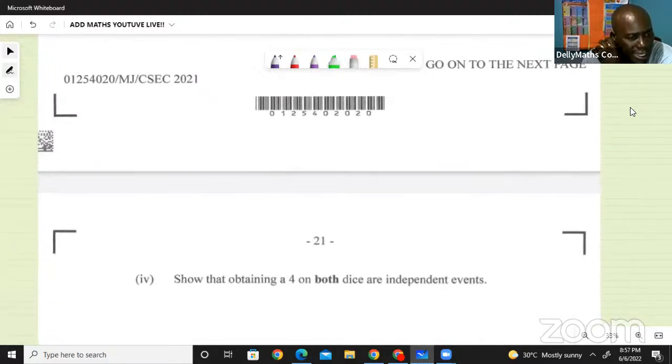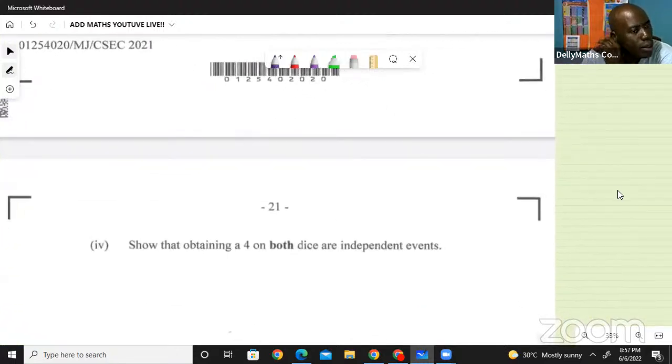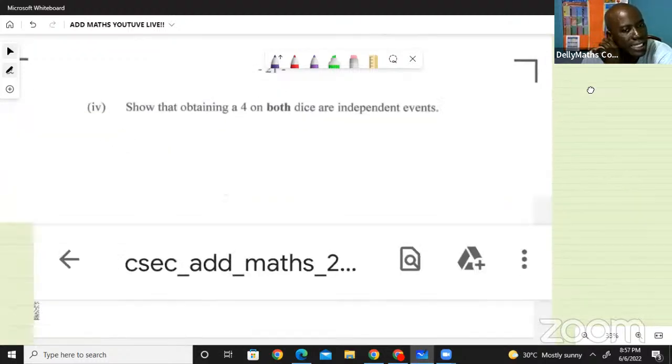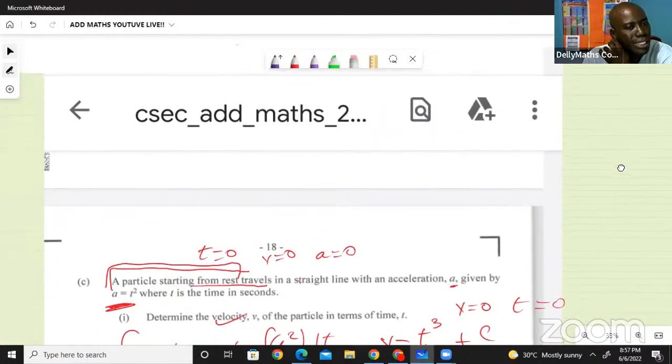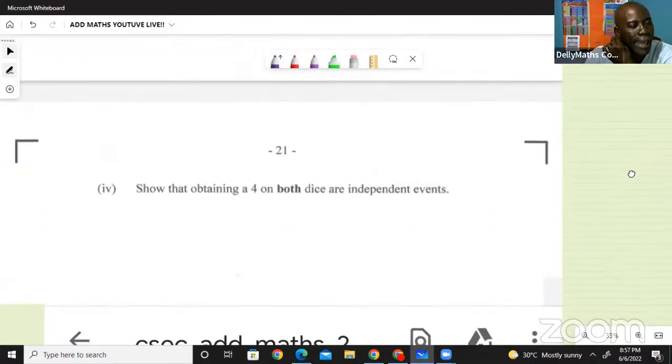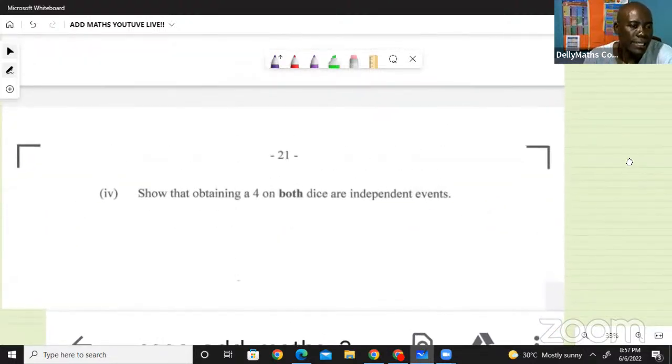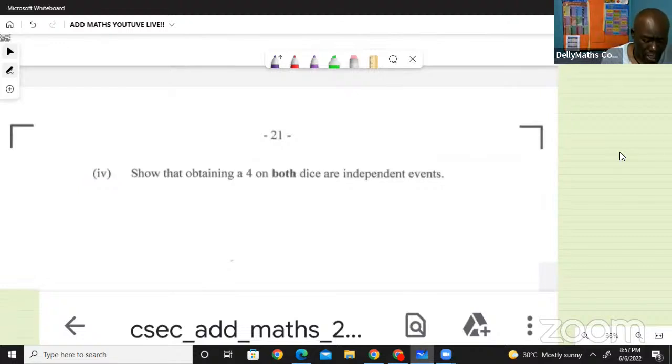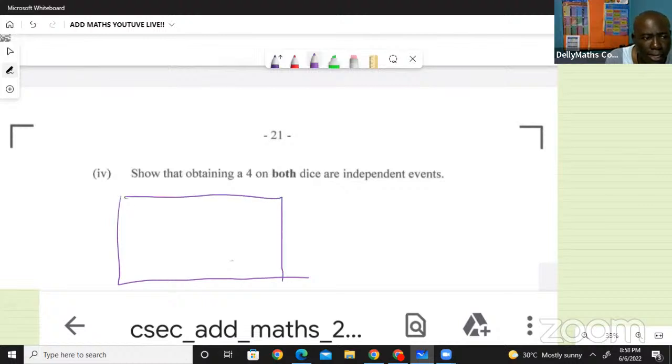The next question says, show that obtaining a 4 on both die are independent. Well, you could drop in a set diagram here to show that we have die 1 and you have die 2.